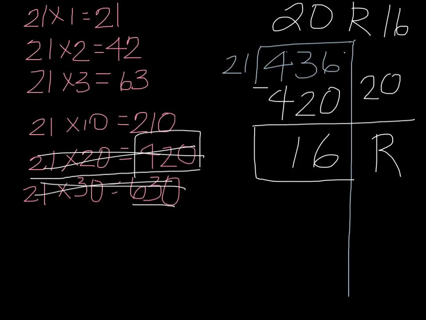Let's try another one. All right, we're going to look at one more just to make sure you got this. Please make sure you're doing this with me so you see where my numbers are coming from. I'm always going to start with a division problem. This time, let's have 652.